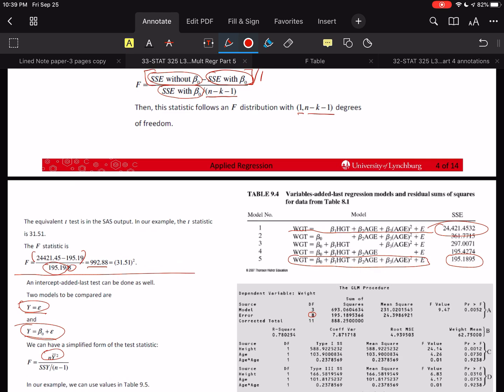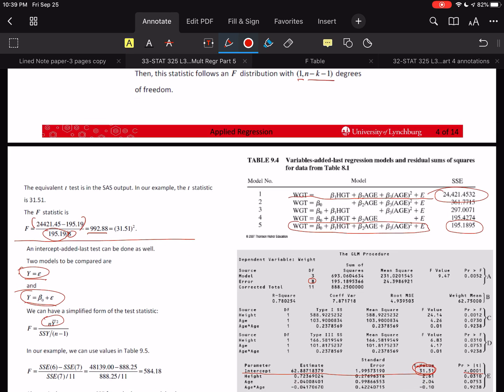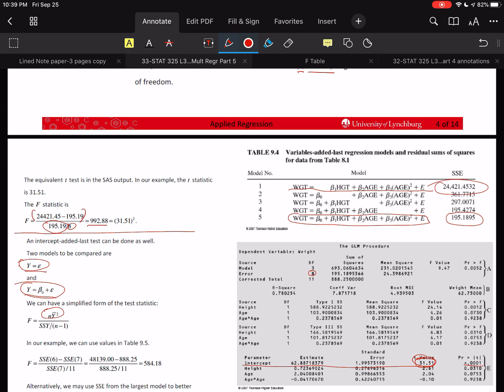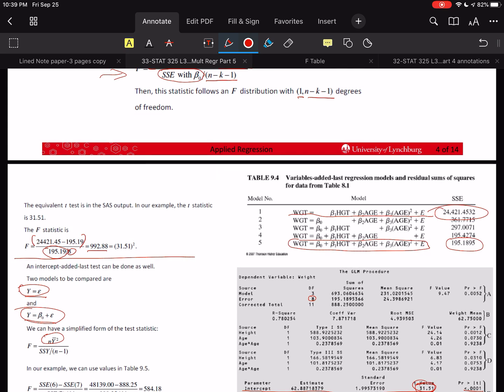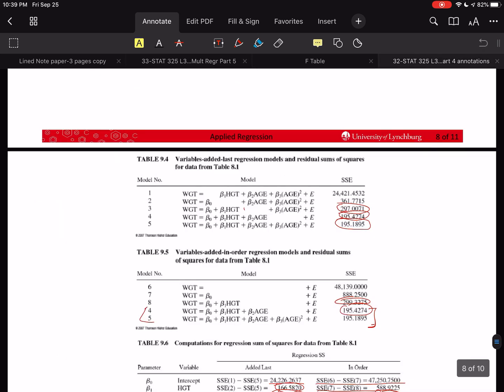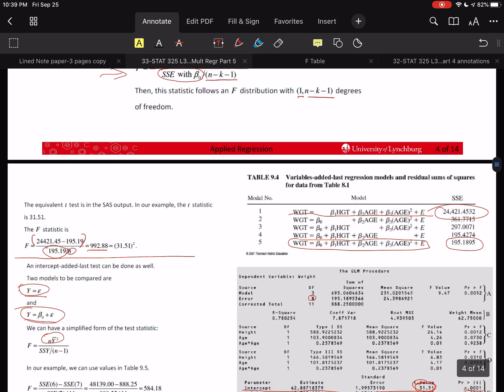That was going to be SSE 6, that is without the beta. So let's switch over to here, and so we see 6 is here, and then we have 7.